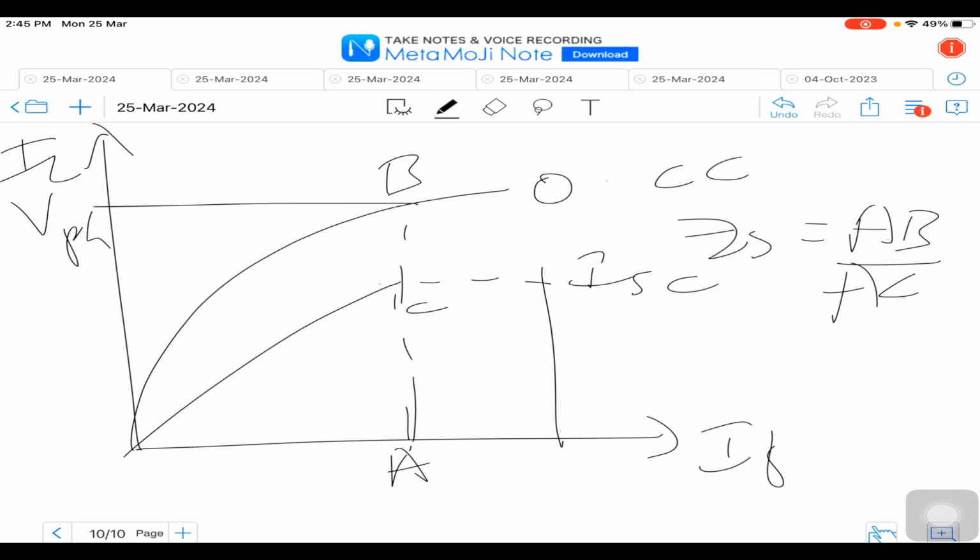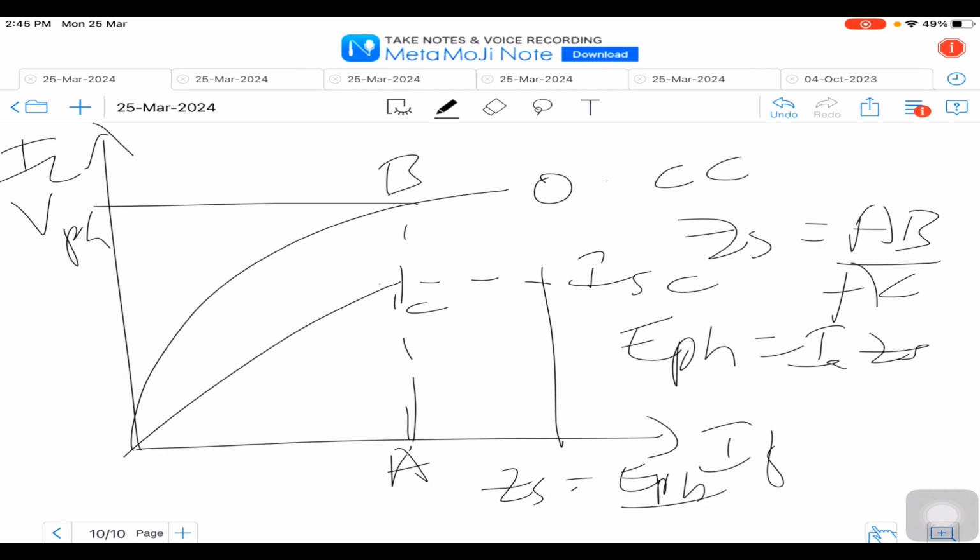Since on short circuit the terminal voltage is 0, the whole of the induced EMF is utilized to create the short circuit current. So we get EPH equal to IA into ZS, or ZS is equal to EPH by ISC, because IA is equivalent to ISC.